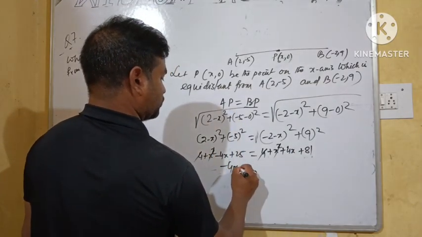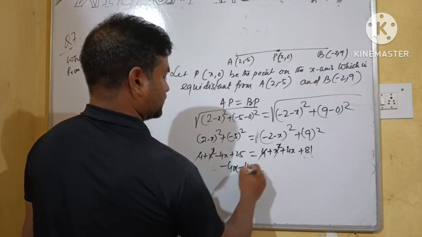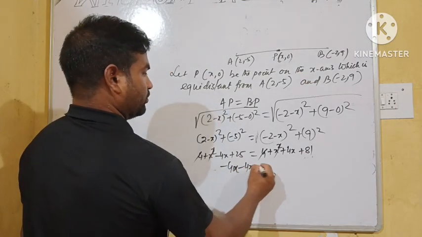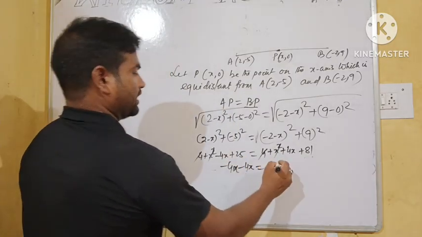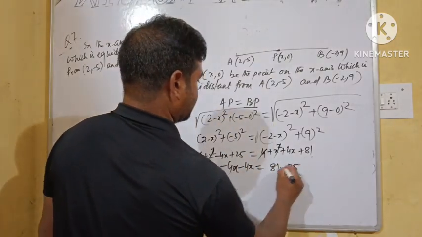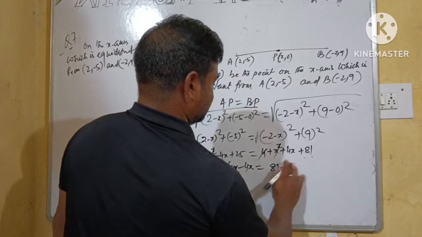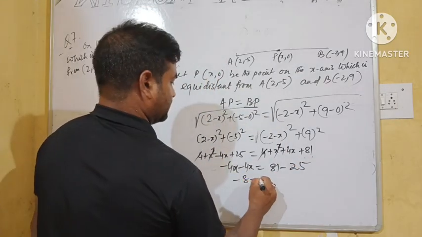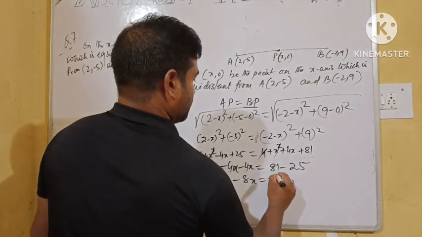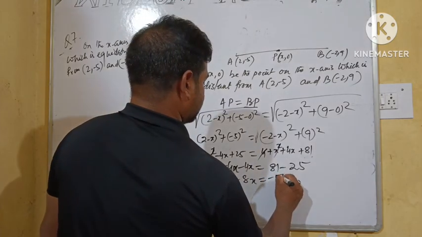The 4x is transposed to the left-hand side, plus 4x will be minus 4x. Plus 81, plus 25 transposed to the right-hand side, which will be minus 25. Then minus 8x equal to minus 56.